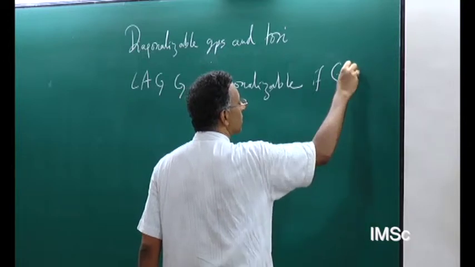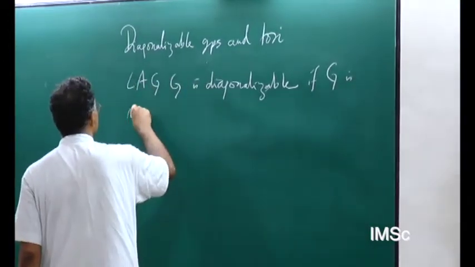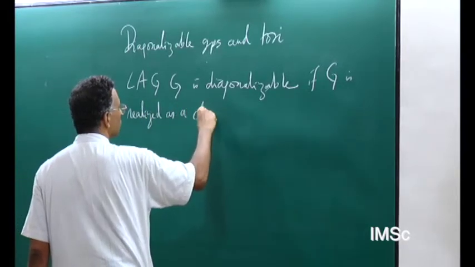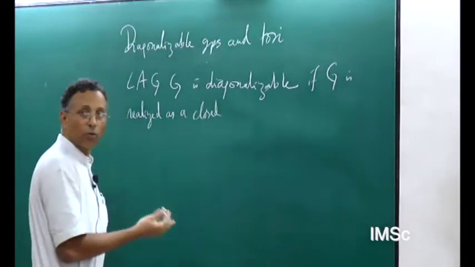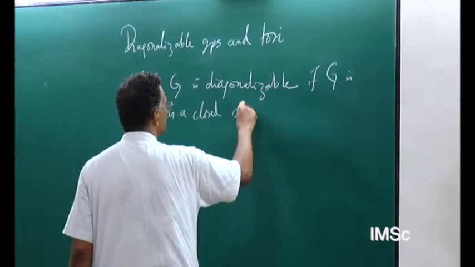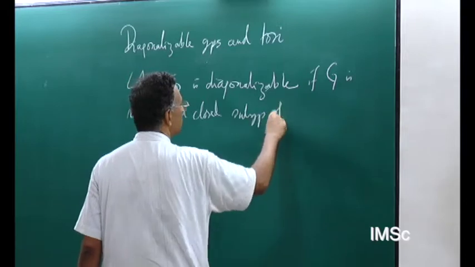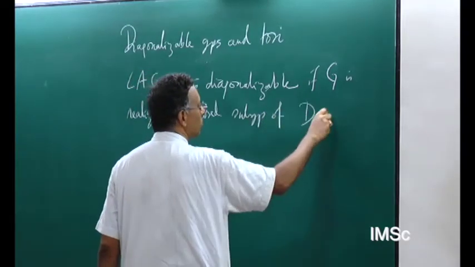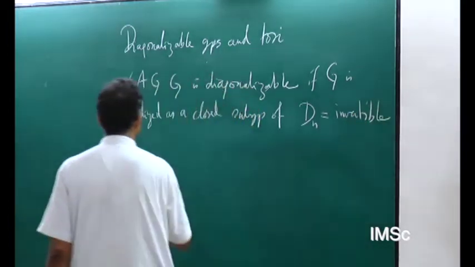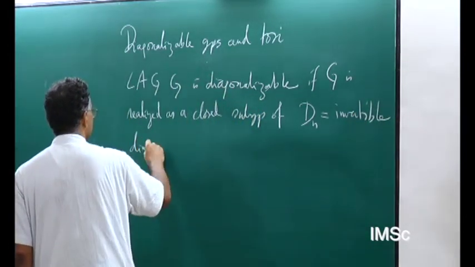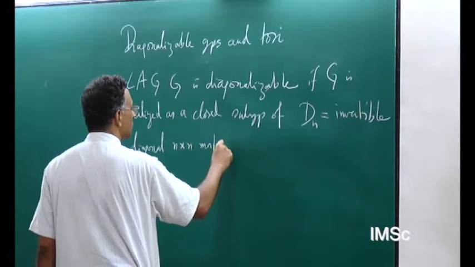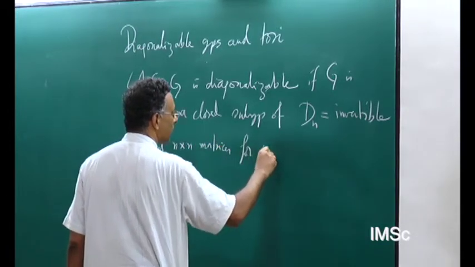G is diagonalizable if G is realized, meaning isomorphic as a linear algebraic group, as a closed subgroup of Dn, which is equal to the invertible diagonal matrices, for some n. So that's the definition.